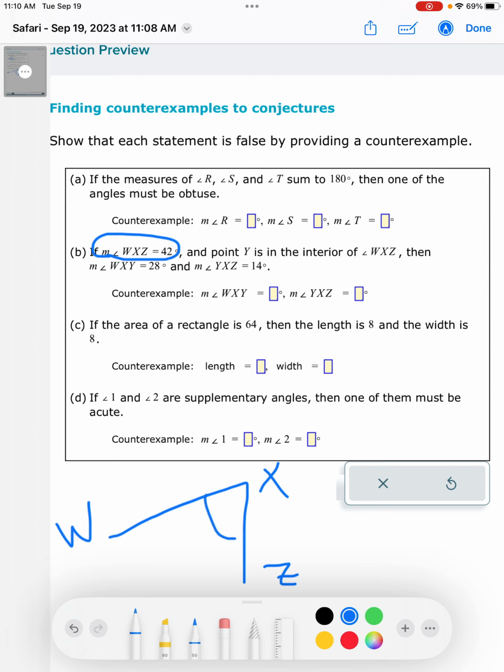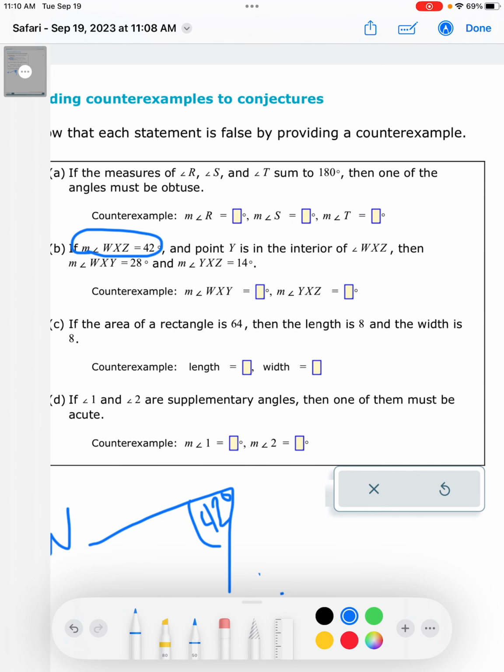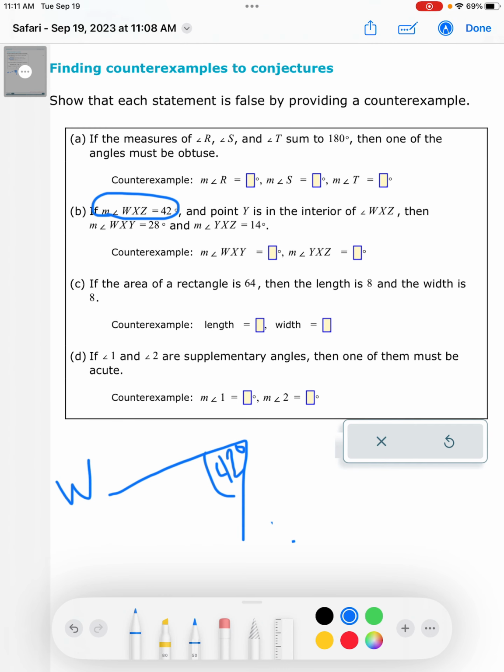So all the beginning says is, hey, you have some angle that uses the points W, X, and Z in that order, and it's 42 degrees big. Okay? Keep in mind that I said in that order. If I read this angle as it appears in the problem, it says WXZ. That means that I cannot write this angle and say WZX.